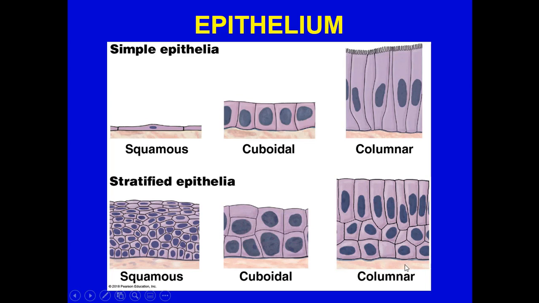When you have stratified columnar, a lot of times what you're going to find is the first few layers closest to the basal area, the cell of first development, are somewhat more irregular or cuboidal in shape, but then as they approach the uppermost area where they're facing some type of lumen, in other words, a lumen is a term for space, you're going to see that they fully assume or fully take on the more columnar shape.